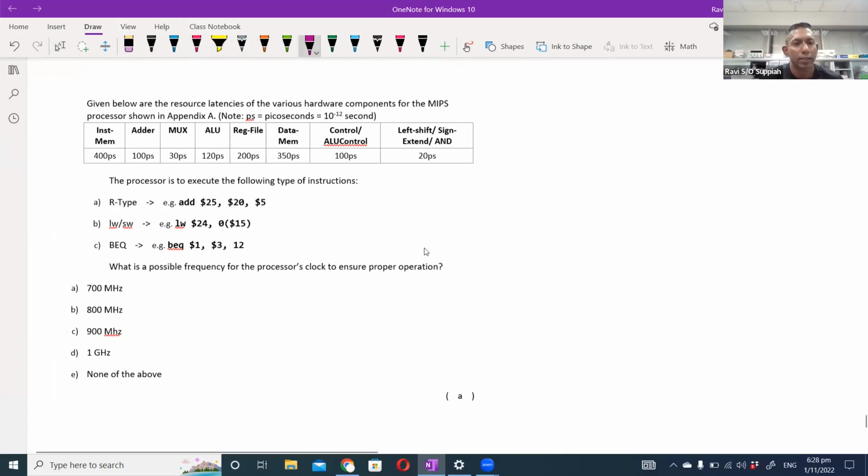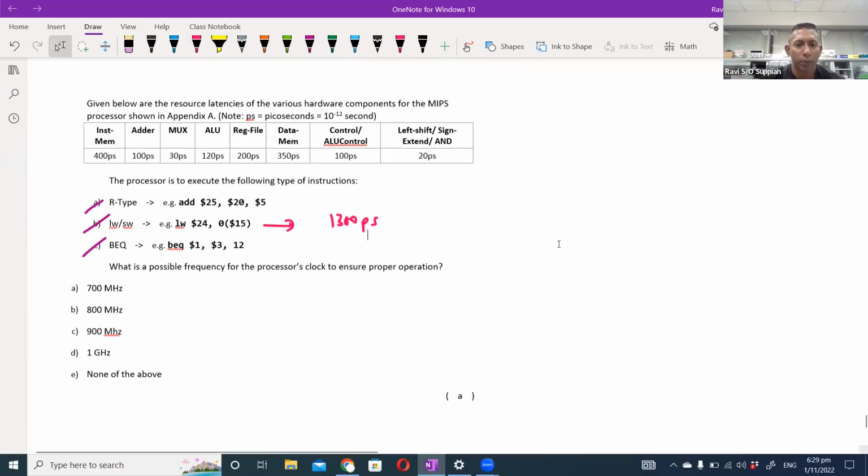Okay, how do we get this answer? If you go back to your tutorial and analyze the timing taken for all these 3 types of instructions, we already know that the load word is always the instruction that takes the longest time. If you calculate this, it will give you about 1300 picoseconds to complete this instruction.